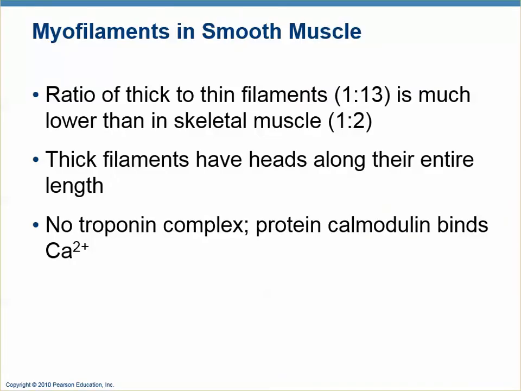Now, the contraction is very similar to skeletal muscle. There's thin and thick filaments the same way, but there's a far different ratio. In skeletal muscle, there's twice as many thin filaments as there are thick filaments.